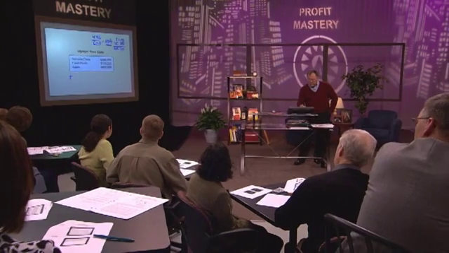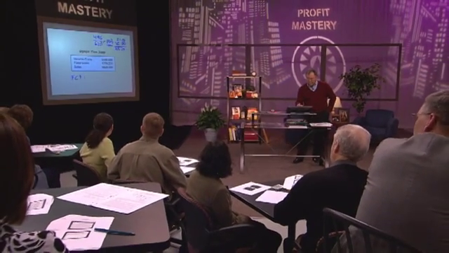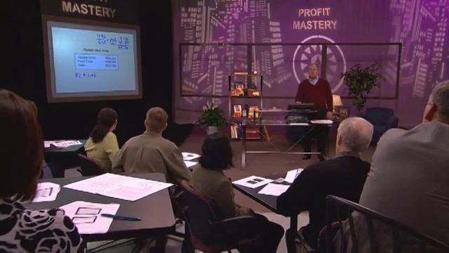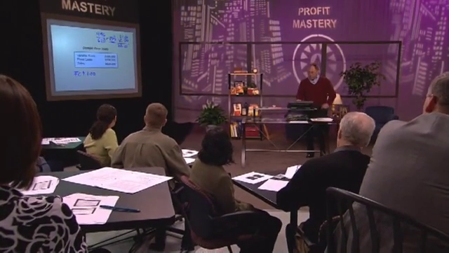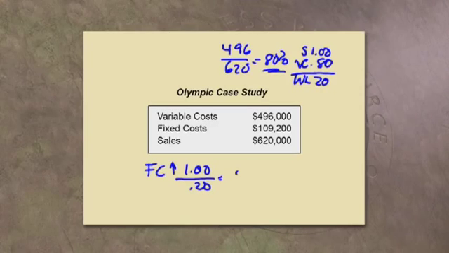So in this business, when fixed costs go up $1, what do I need in sales to cover it? In my little pen company example, it was around $250, wasn't it? Well, this one is what? Dividing by 0.2 is the same as multiplying by what? 5.